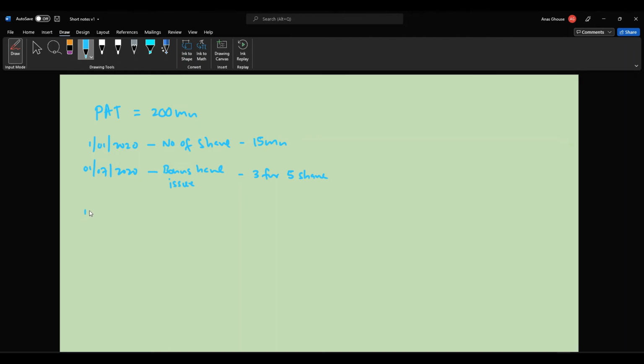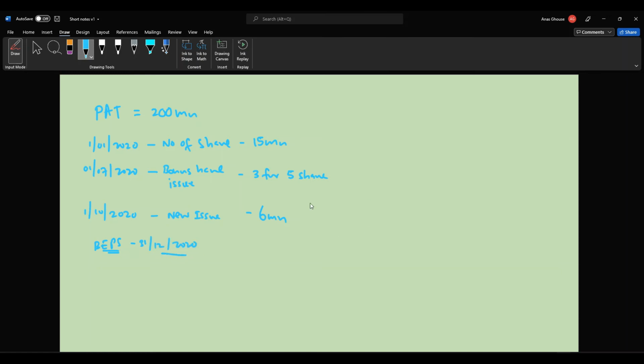On 1st October 2020 there are new shares issued, 6 million. You need to calculate the basic earnings per share as of 31st December 2020.